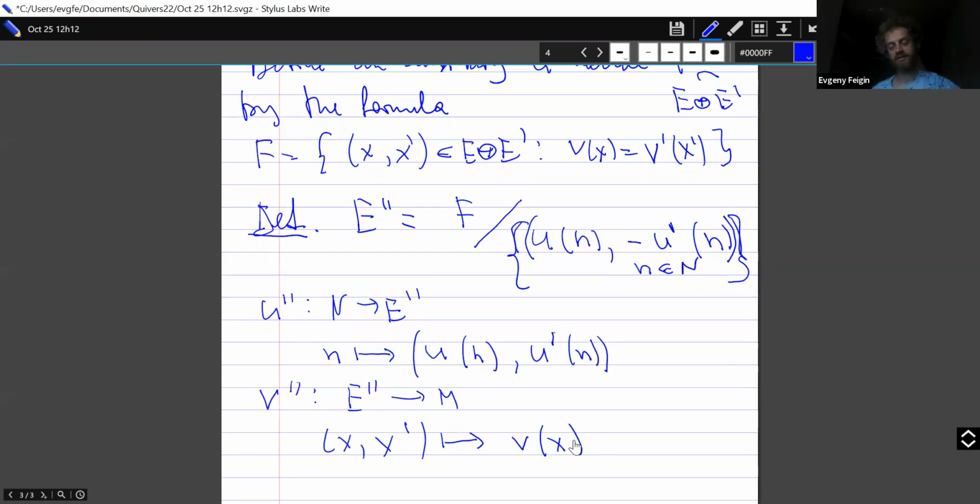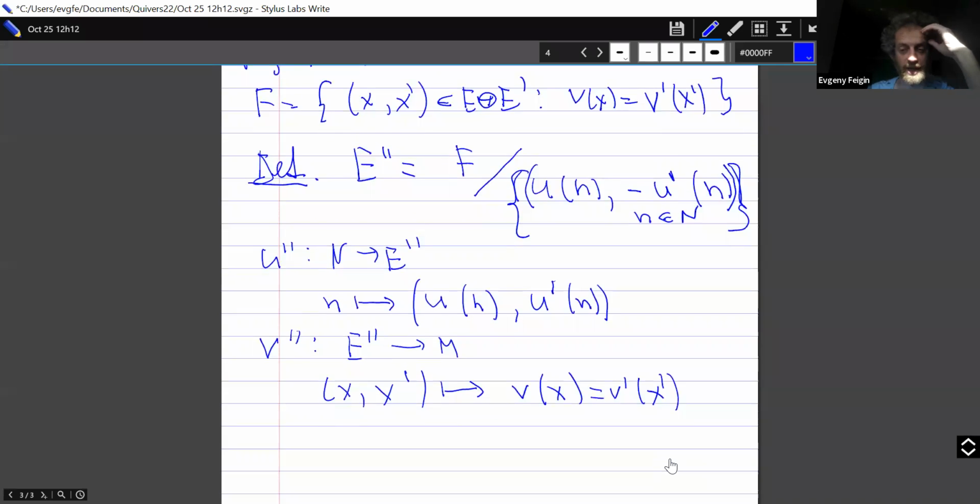So note that v of x coincides with v prime of x prime. Therefore, we could have written v prime of x prime. So this does not change the definition. Okay. So this is it.